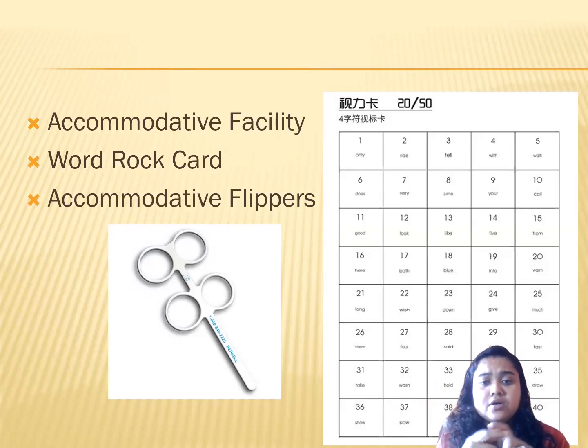So we are basically recording the number of cycles per minute. In one minute, how many cycles the patient can complete, that we are recording in the accommodative facility testing.